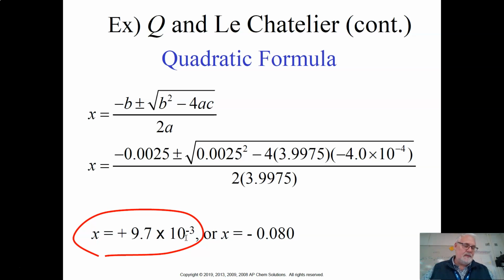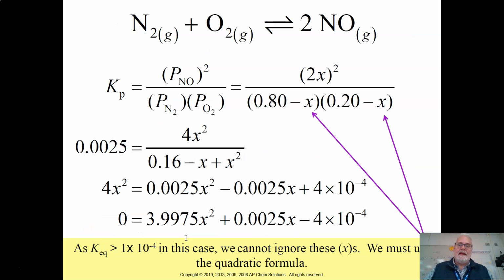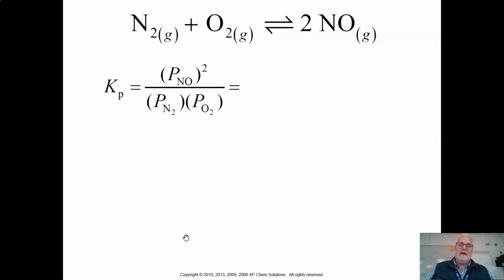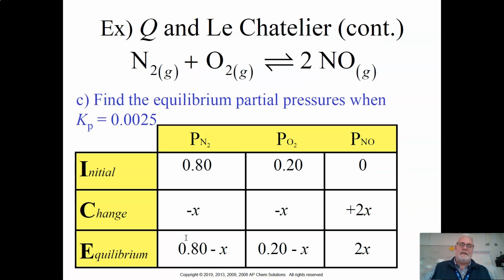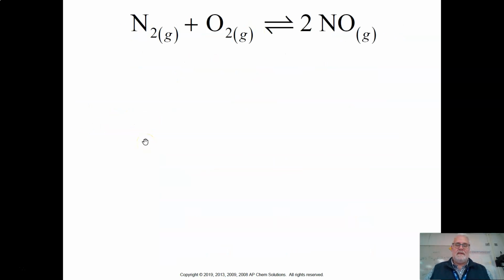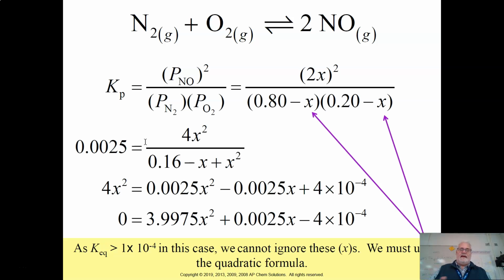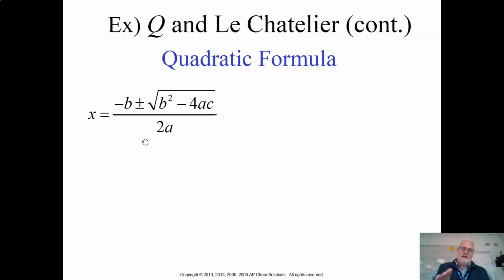It was a little bit more work, a little bit more math, but beware when that K value, at the very beginning of the problem, if that Kp or Kc is not really, really small, it's going to do this. But what we're going to find out is it was really close to that borderline.